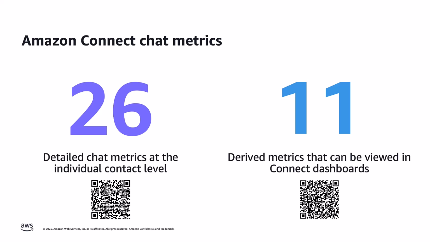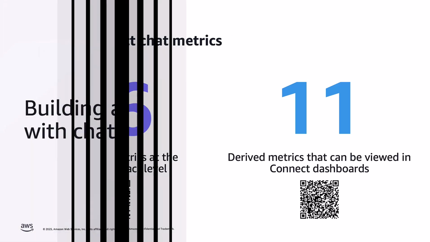These powerful metrics help contact center managers to analyze trends, create custom dashboards, and effectively monitor chat interactions with their customers. Details about these metrics can be found in the two QR codes or the links in the description.